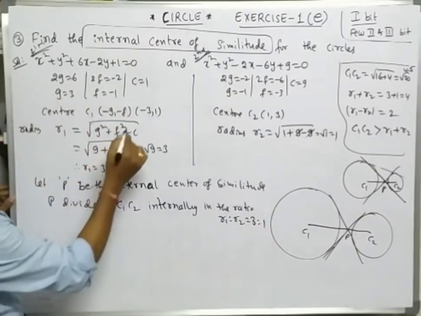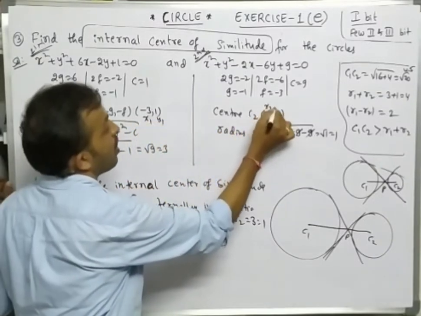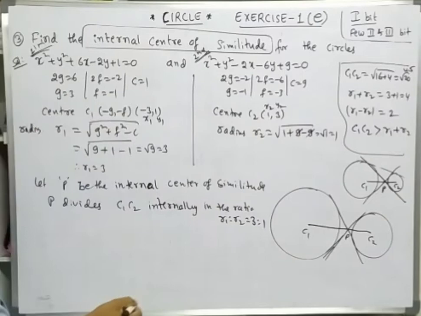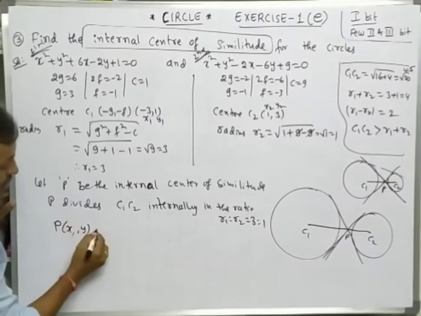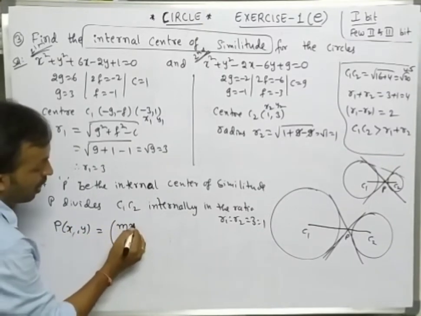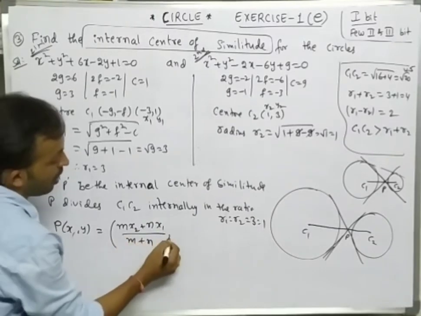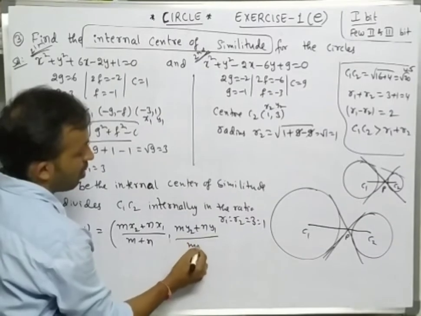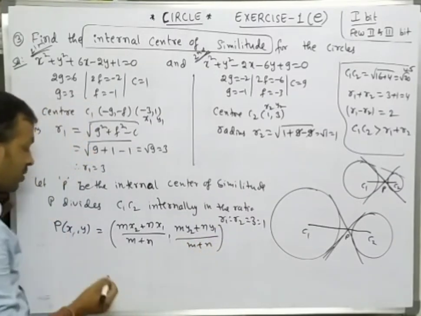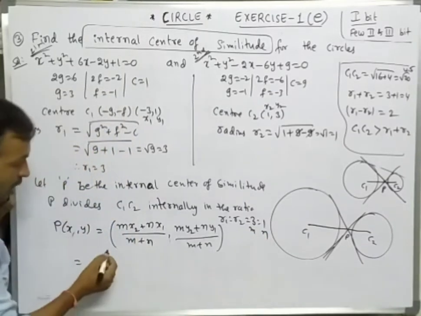Let these be the two points x1 y1 and x2 y2, and the formula to find the internal center of similitude is (mx2 plus nx1) by (m plus n), the section formula. Recall the section formula. So here this is m, this is n. Substitute carefully.